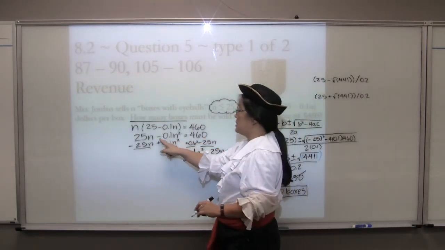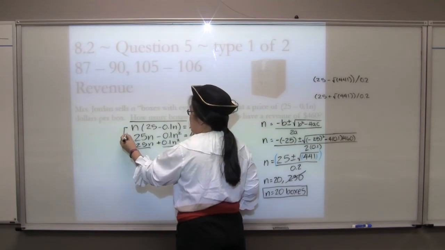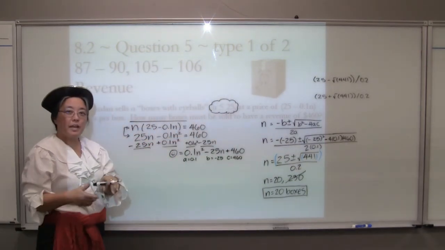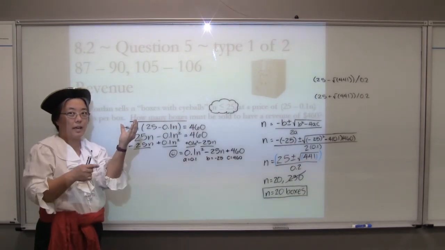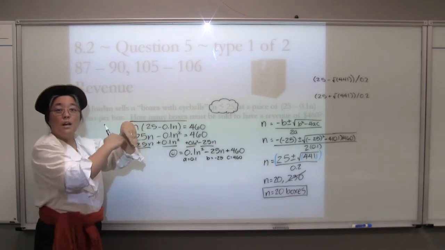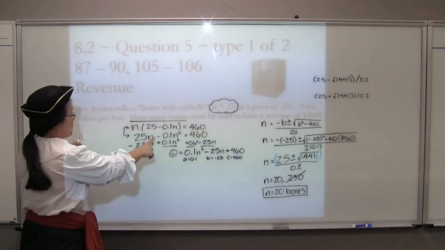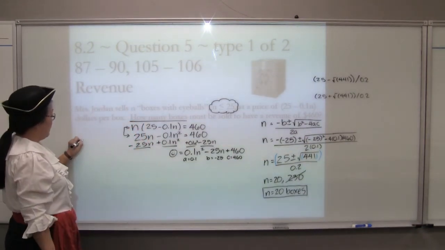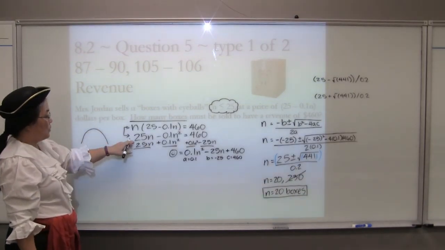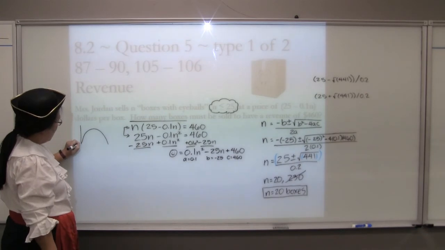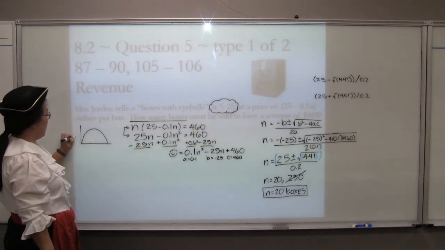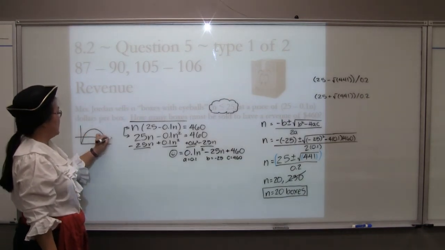It all has to do with this very first thing here, a negative n squared. Do you understand that an x squared looks like that, so an n squared would look like that, and a negative, from back in chapter 3, would be an upside down parabola. So, if we have an upside down parabola, this says, when will we hit $460?